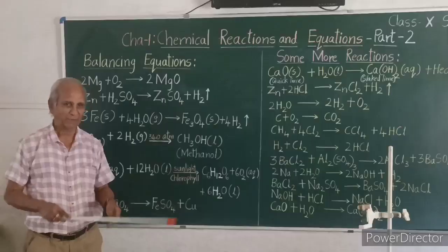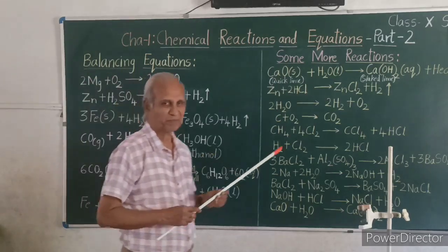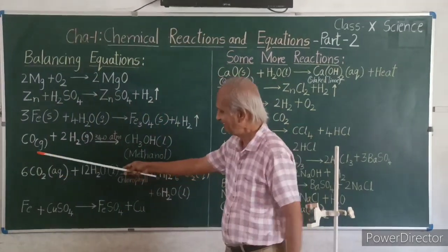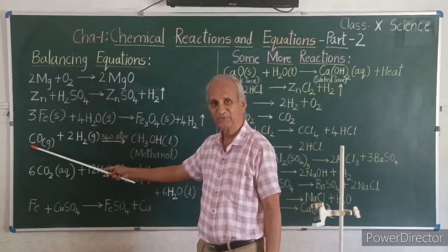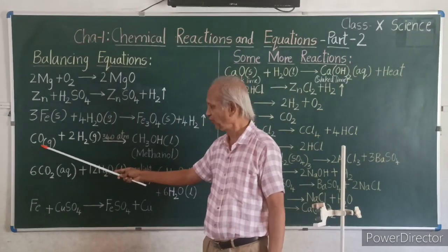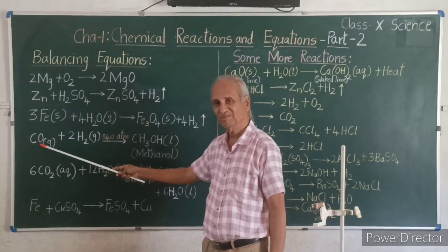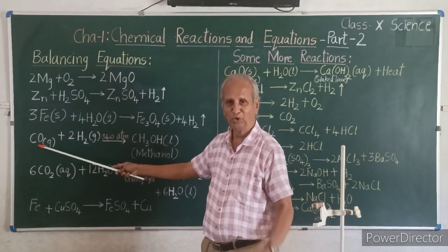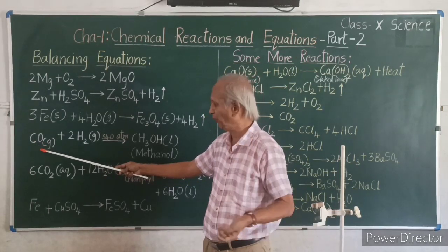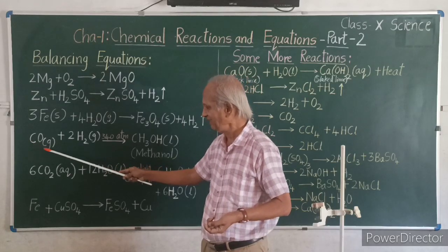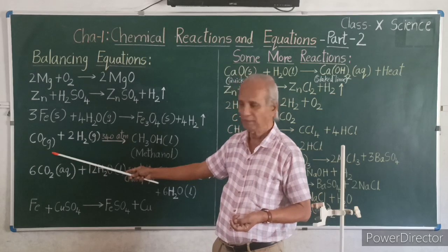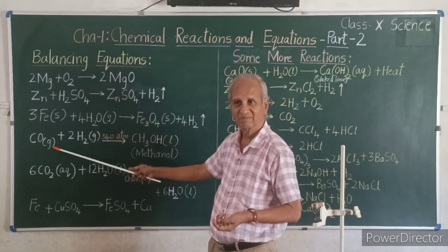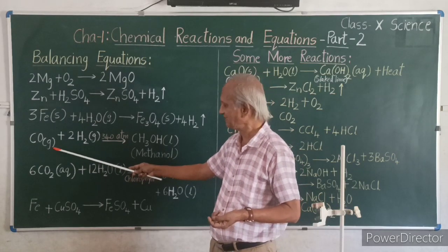Okay, next, that pertains to the reaction of carbon monoxide. C stands for carbon, O stands for oxygen. It is carbon monoxide. Mono means a single atom of O. Carbon monoxide, it's a gas. So in bracket we have mentioned this symbol. It's in the form of gas.